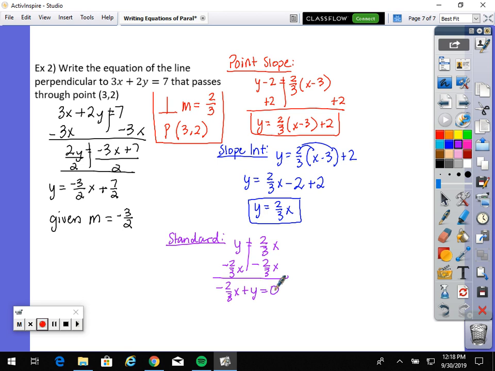Now, I can't have a fraction and I cannot have a negative as the leading coefficient. So I need to multiply this entire thing by a negative 3. So I'm going to get 2x minus 3y equals 0. It's my standard form. Okay, and so that's the end of this video, going from point slope, slope-intercept, and standard, writing perpendicular and parallel lines.